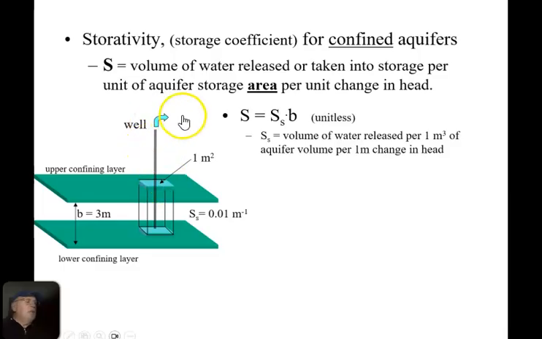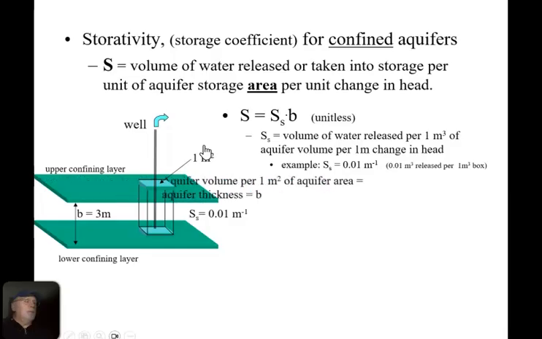So if I pump this out such that it's full of water when I start, full of water after I pump, but the pressure drops by 1 meter, and some water comes out, and let's say, from the previous one, we said the specific storage was 0.01 meters to the minus 1, or 0.01 meter cubed released per box when the head drops by 1 meter.